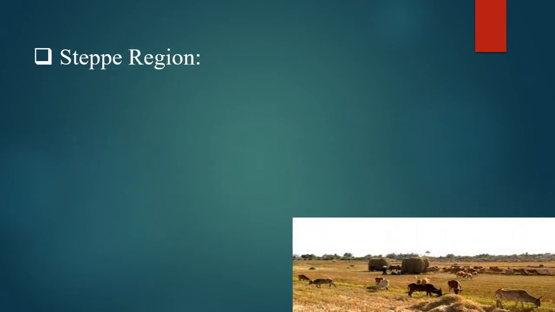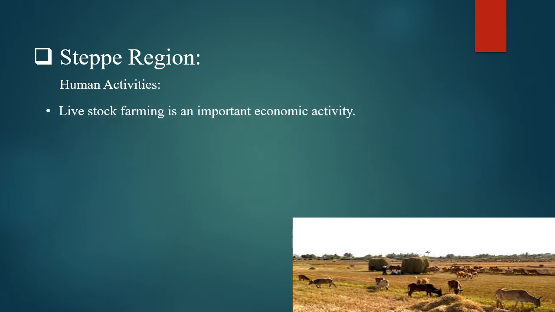Steppe region. After getting the knowledge about the climate of steppe region, now we will look into the human activities of this region. Because of adequate rainfall, this region is comprised of vast grasslands and is a major habitat of herbivores in the world. Livestock farming is an important economic activity.